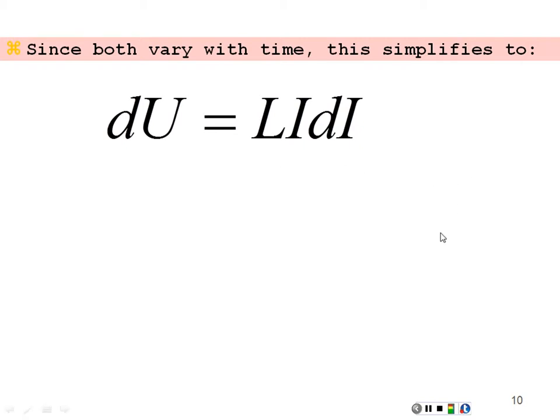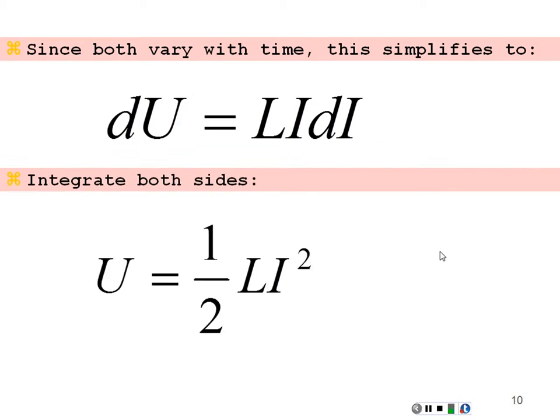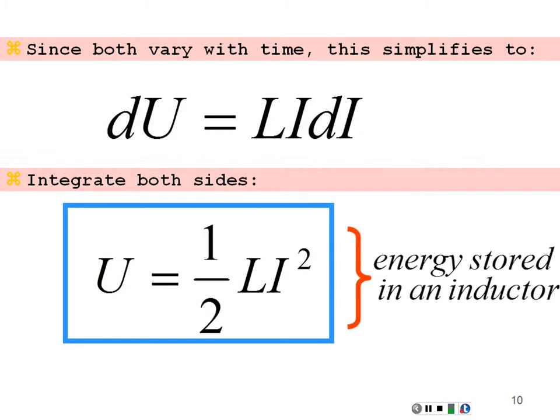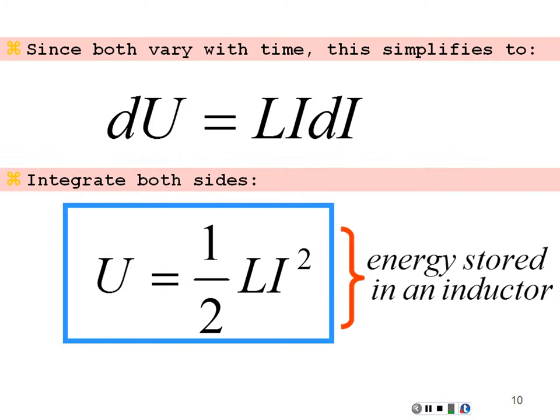We can integrate both sides, and we get that our total energy is equal to, with the I dI, integrating that is going to give us 1/2 I squared. Our energy stored in an inductor is 1/2 the inductance times the current squared. That's the magnetic energy stored in an inductor at any particular time, given the value of the current that's going through that inductor.